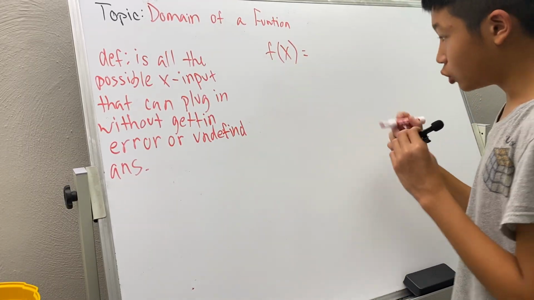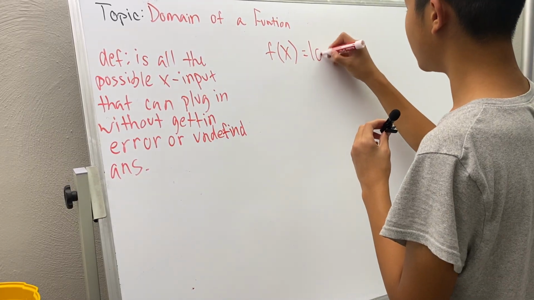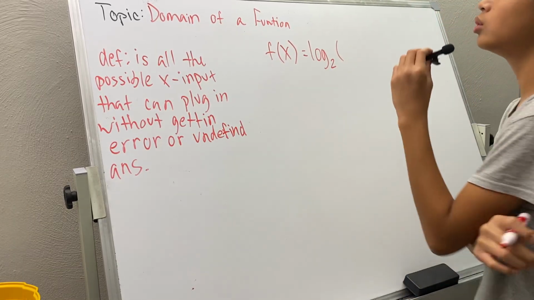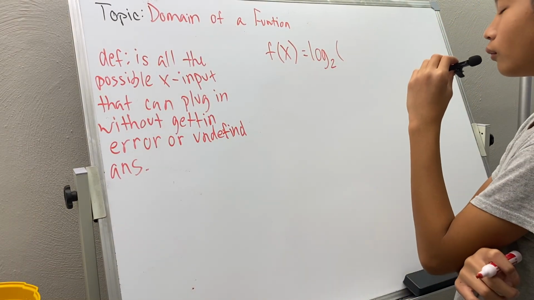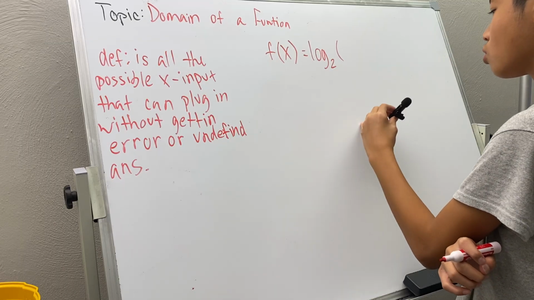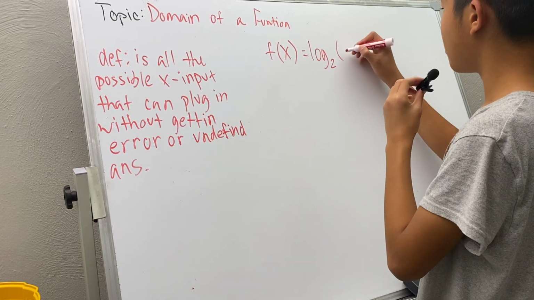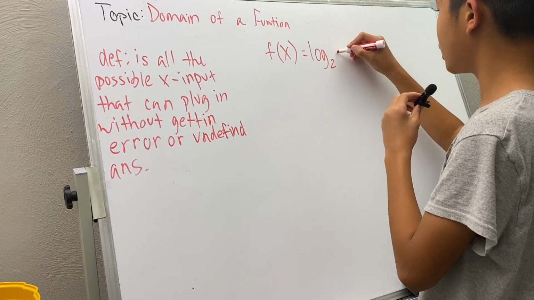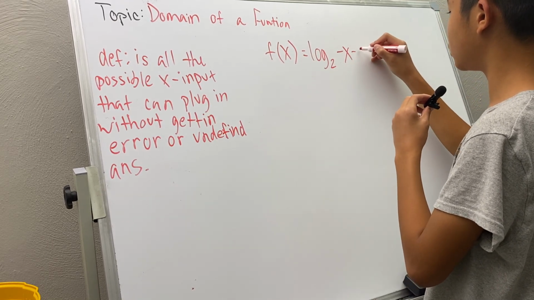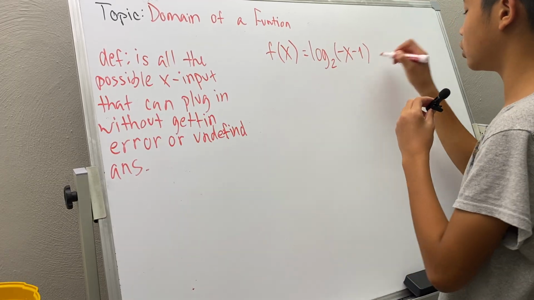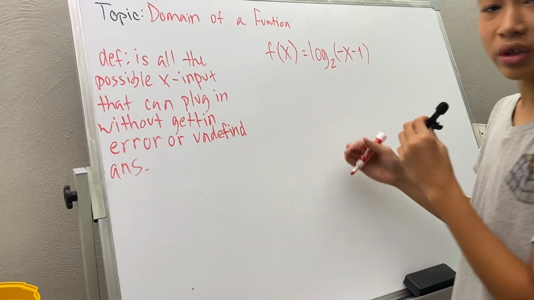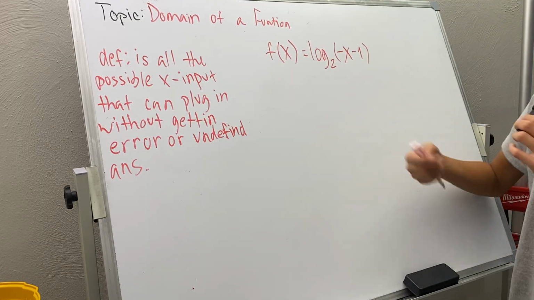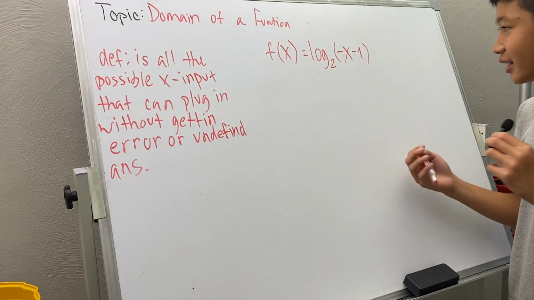Now we're going to move on to logarithm. Let's say log base 2 of minus x minus 1. So the inside cannot be 0 because 2 raised to what power equals 0, right?